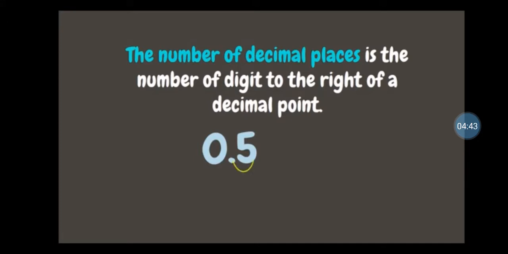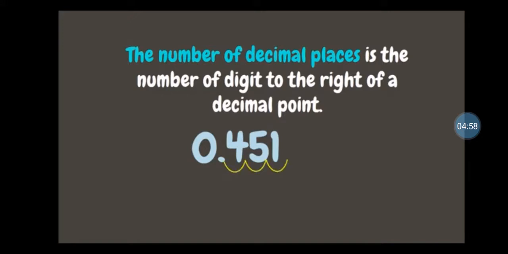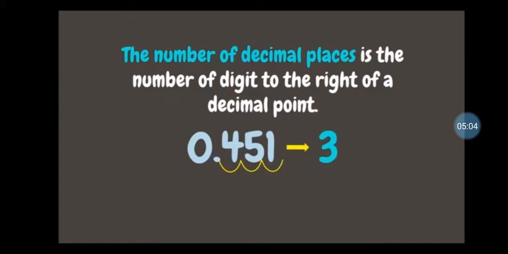So, here we call it one decimal place. So here is the example 0.451. It has 3 digits after the decimal. So it is called 3 decimal places.